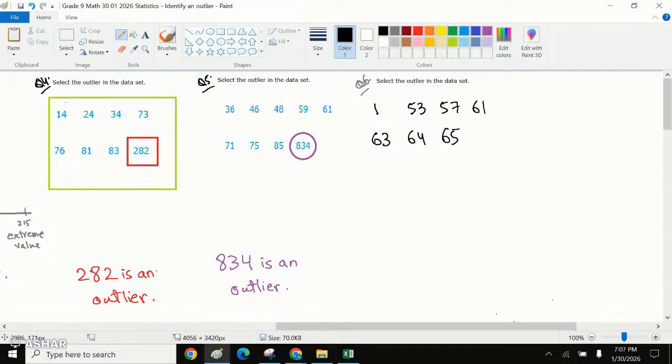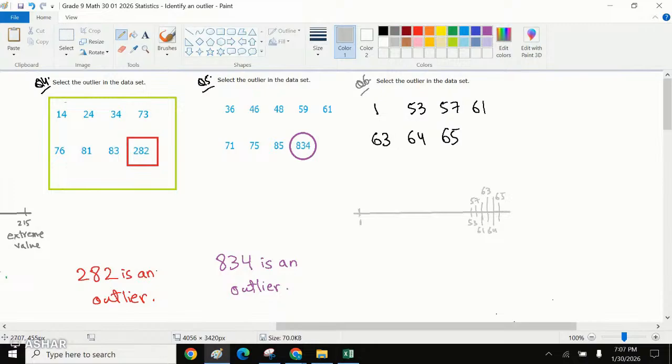In this case, what we can see is the numbers on the given set of values. If we draw a number line, can we say that the numbers on this number line were, if we said this was 53, if we said this was 57, 61, 63, 64, 65, and we had 1 over here.